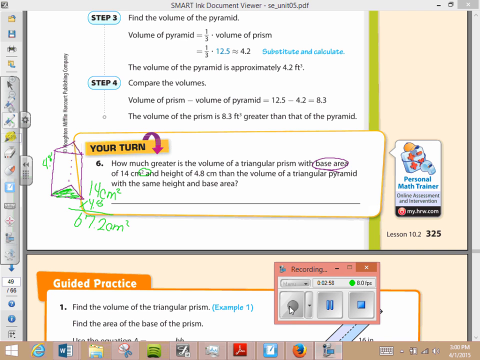Now, if I'm looking only for the pyramid, which is literally 1/3 of it, right? I have the same area, I have the same height. What do I do to that number? Do I multiply by 3?